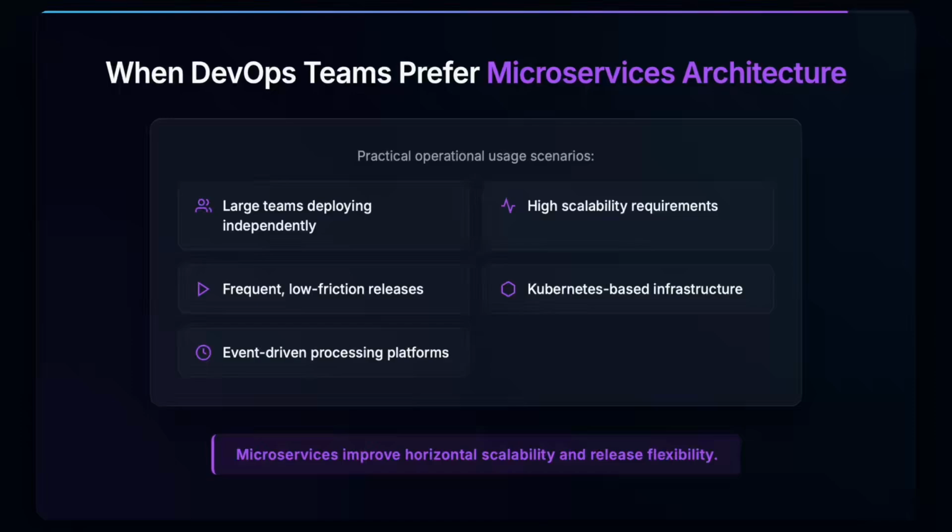Then also we use microservice architecture, and also when we have Kubernetes based infrastructure. Then also we have to use microservices because Kubernetes setup is very complex, and sometimes it can be hard for new engineers or beginner engineers, as they need to implement the entire infra setup of the Kubernetes.